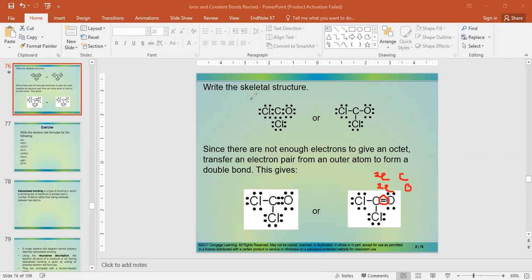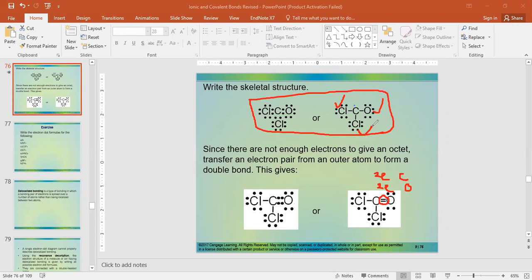Now, this one is a skeletal structure, and in the skeletal structure, our purpose is only to ensure that this atom and that atom have 8 electrons. At this particular point, we are not considering the carbon.